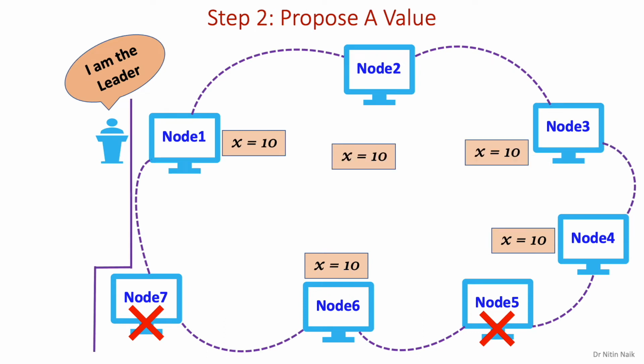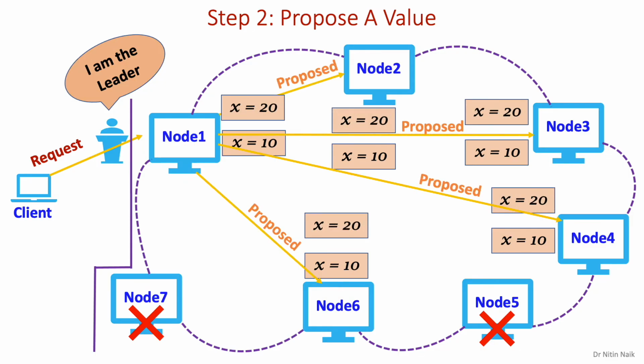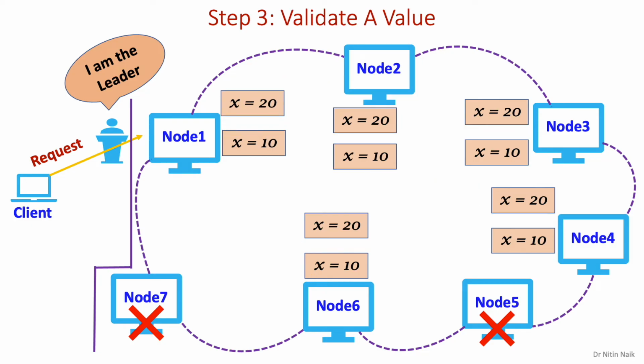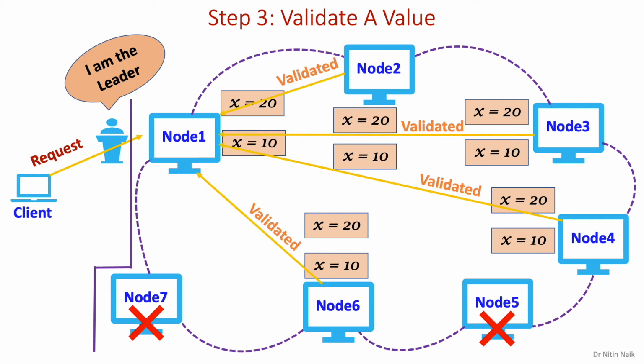So generally, a state change occurs when a client sends a request to the leader. Upon receiving the request from a client, the leader proposes the next valid value or state and sends it to all the nodes. Now all honest or non-faulty nodes receive the proposed value. Then they vote for it, whether they agree on it or not. If all or a majority agree on it, then it's validated.